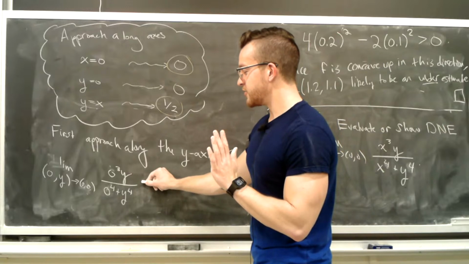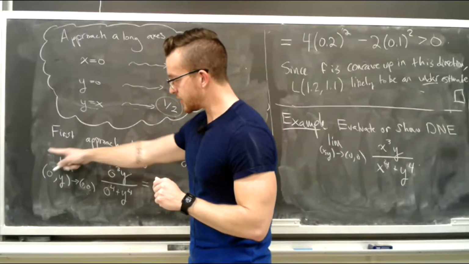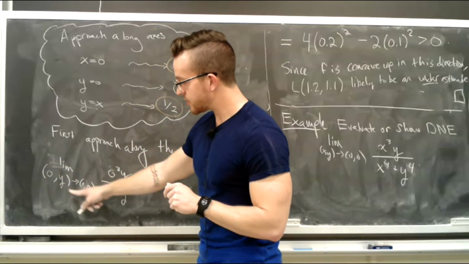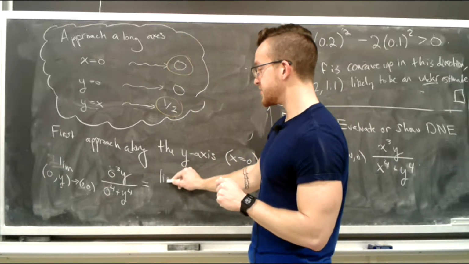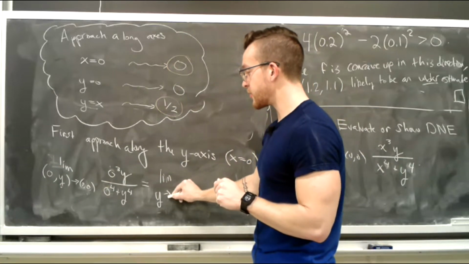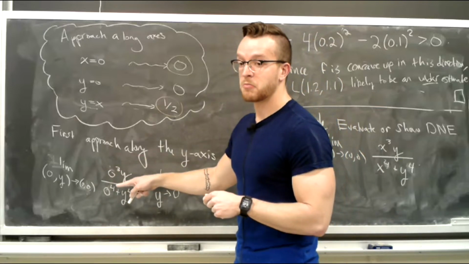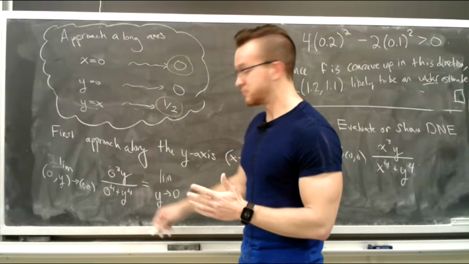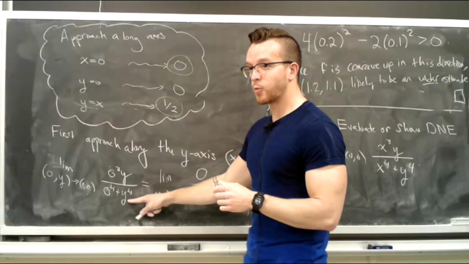Here's the way to do this. First of all, to send a point like this to 0, 0, it suffices to just send y to 0. So this turns into a single variable limit as y goes to 0. The numerator is 0. The denominator is y to the fourth.